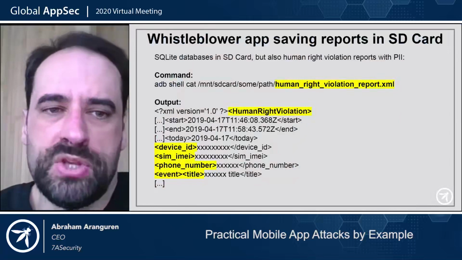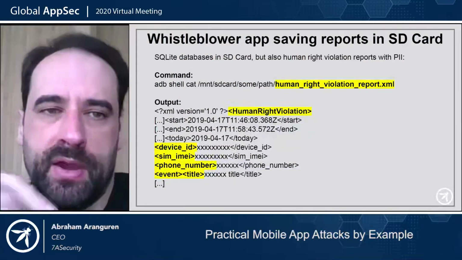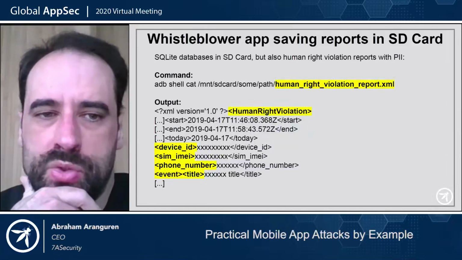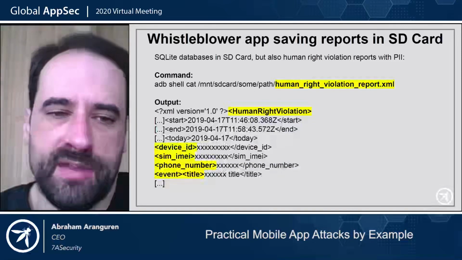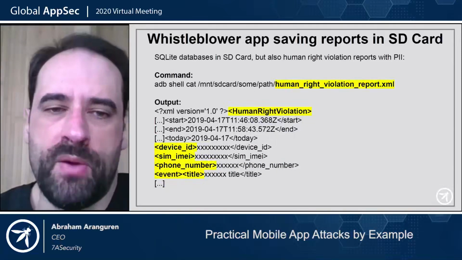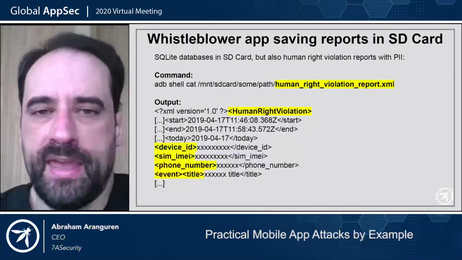In this case, this was a vulnerability that could get somebody killed, because this was an application meant to help the people in a given country to report human rights violations. So we have an environment where potentially police and law enforcement are against the people.